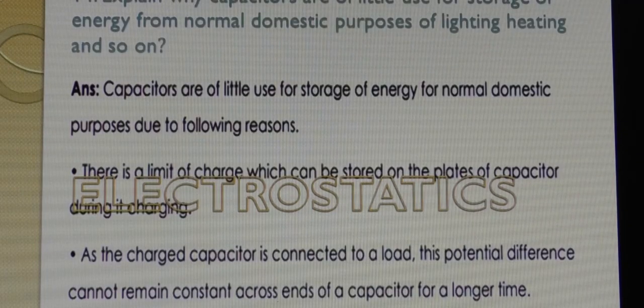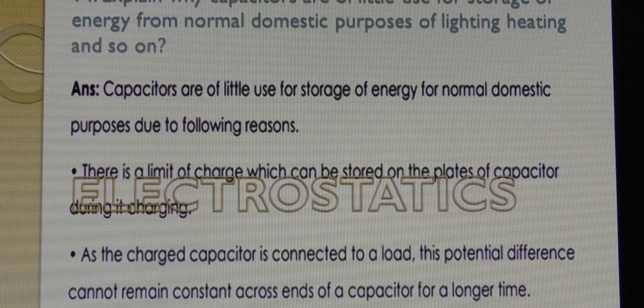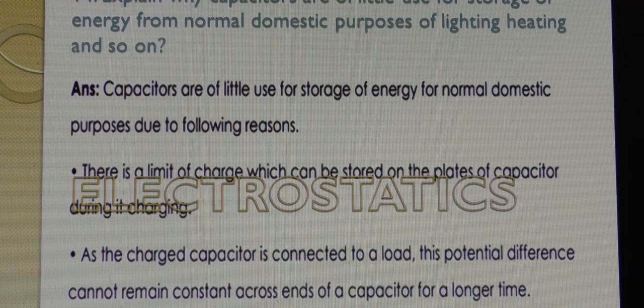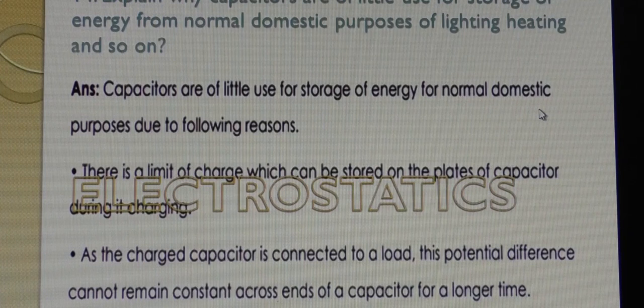Alright, question number 14. Explain why capacitors are of little use for storage of energy for normal domestic purposes of lighting, heating, and so on. Capacitors are of little use for storage of energy for normal domestic purposes due to the following reasons.